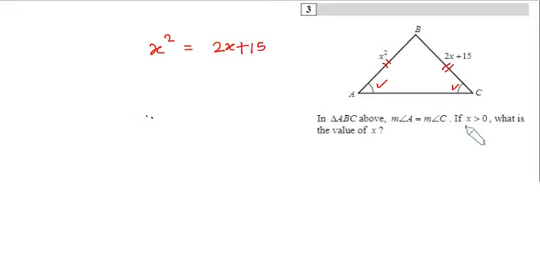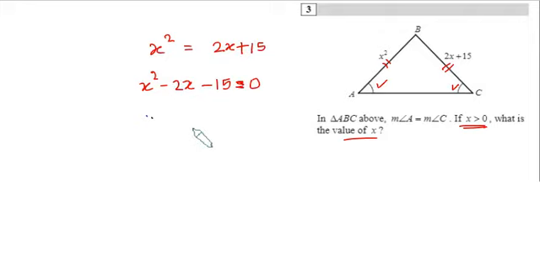Then it asks, if x is greater than 0, what is the value of x? So we need to solve this equation. x square minus 2x minus 15 must equal 0. I have transferred all these terms from the right-hand side to the left-hand side, so the positive sign becomes negative.